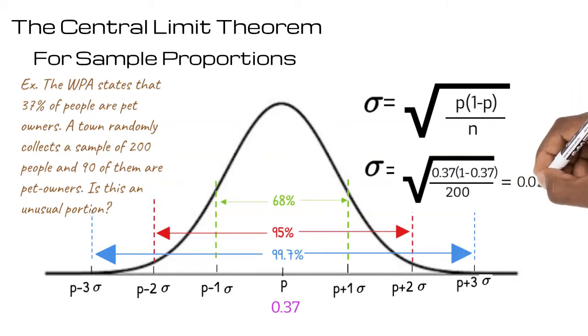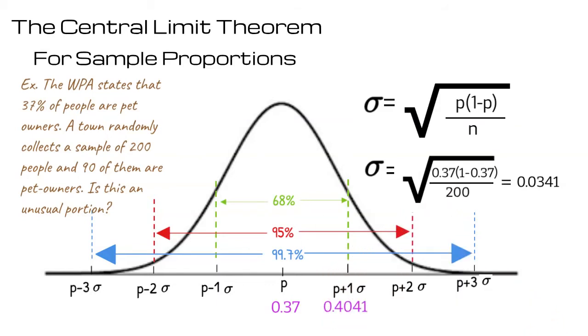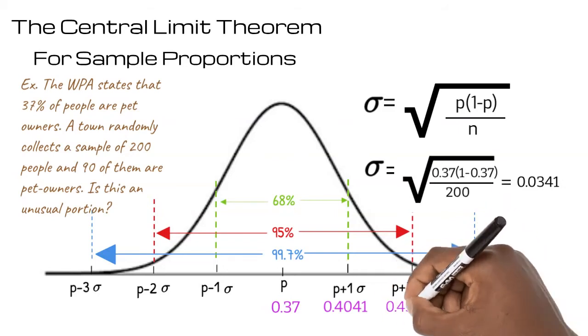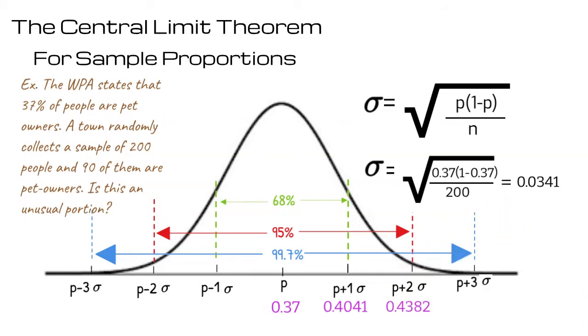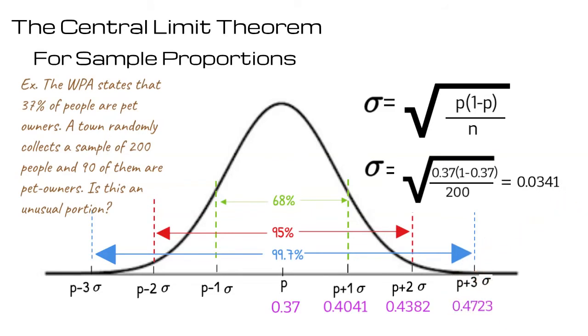This gives us 0.0341. Now, we add 0.0341 to 0.37 to get 0.4041. We add the standard deviation again to get 0.4382, and once more to get 0.4723.